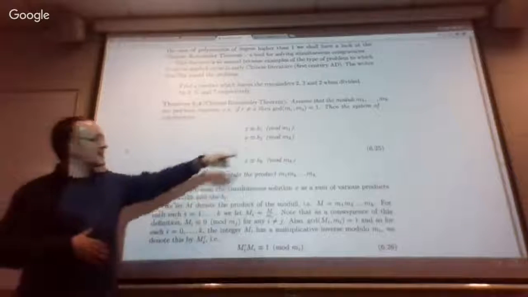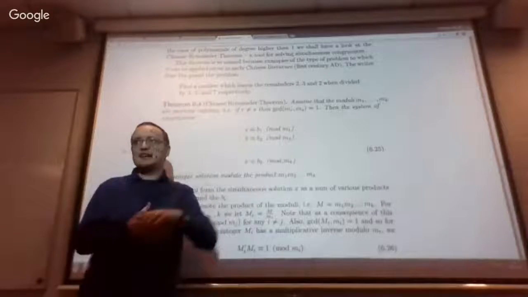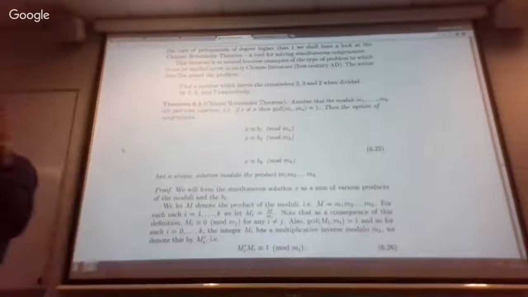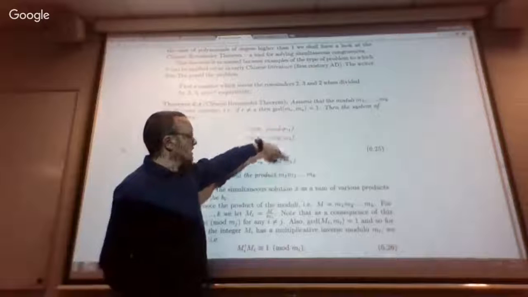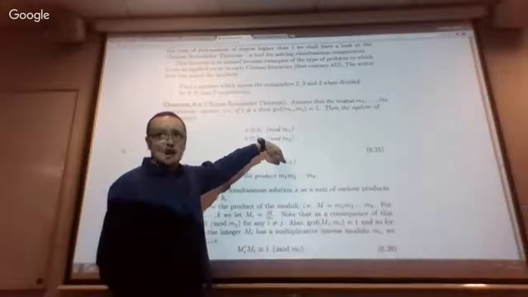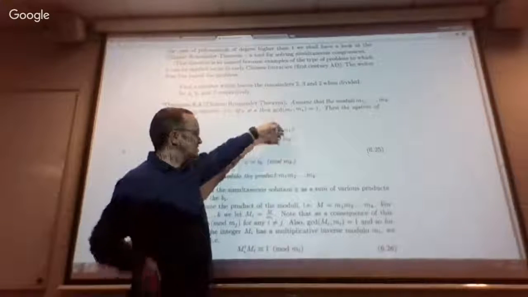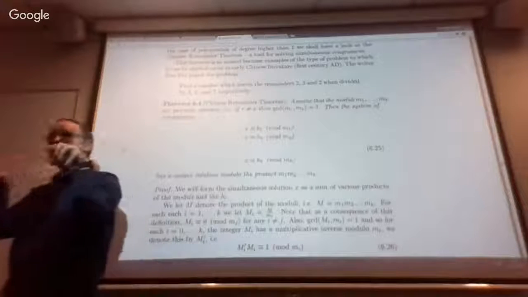So these k different moduli are completely different to one another with regard to divisibility. Not only are there no common factors shared between them all, but if you select any pair out of them, there will never be a common factor apart from 1 between that pair of moduli.